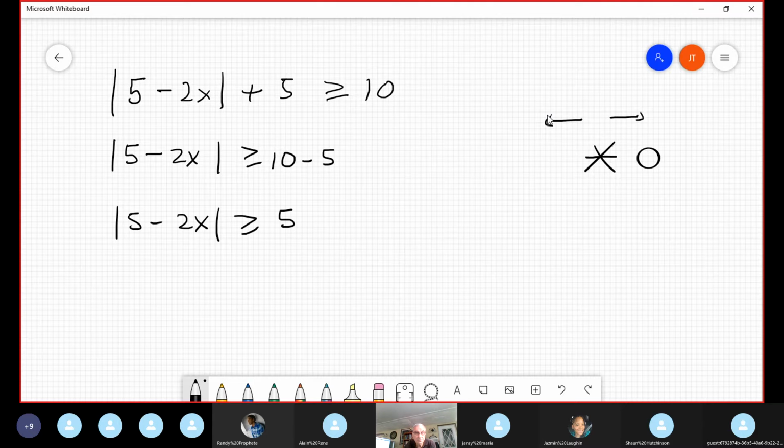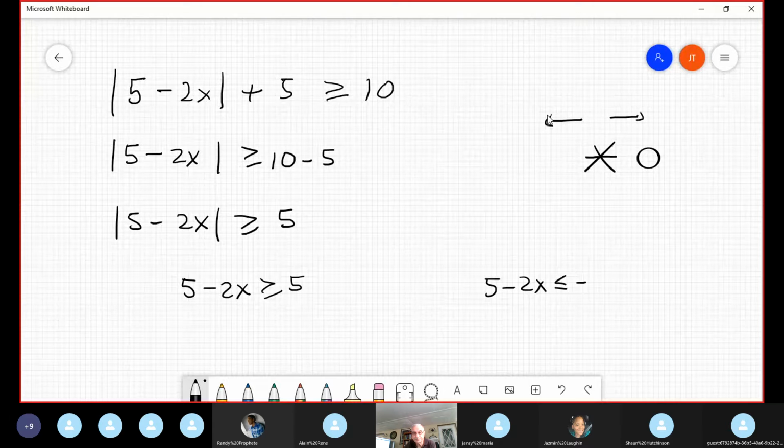Okay, and this is equivalent. This symbol, you don't need to write if you understand very well. If you skip it, I understand very well. Suppose you make this symbol. In the next line, you copy the equivalent expression, which is 5 minus 2x greater than or equal to 5, or less than or equal to negative 5.